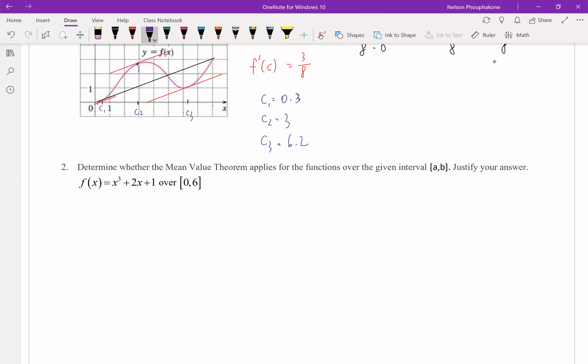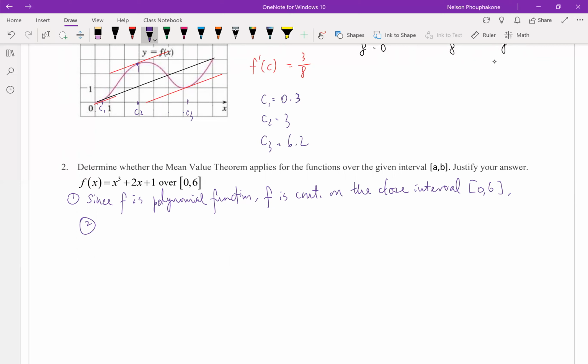Since f is a polynomial, then f is continuous on the closed interval [0,6].